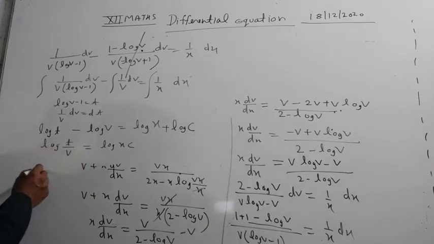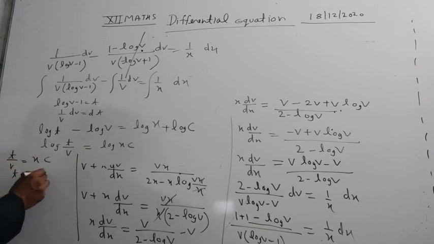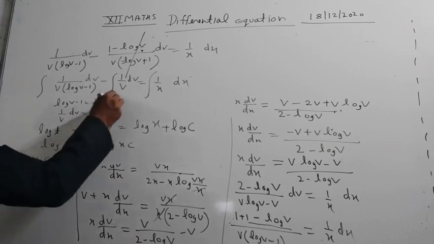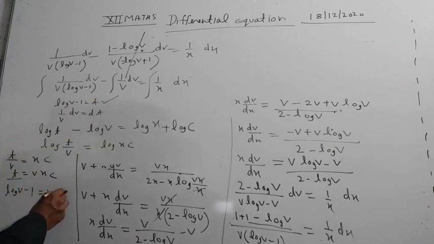Okay, so we write t by v is xc and t is bxc, and our t is log v minus 1, which is bxc.